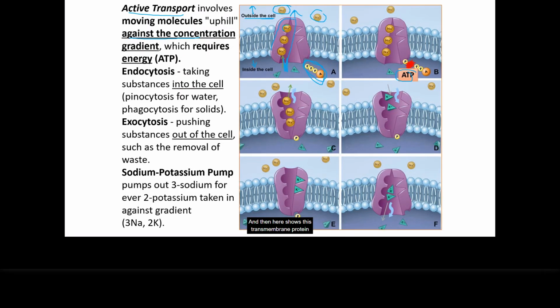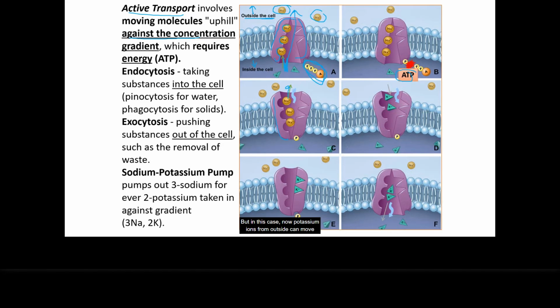And then here it shows this transmembrane protein with a specialized shape, designed only for sodium molecules. When this transmembrane protein changes shape, conformation, what happens? Sodium now leaves to the outside.